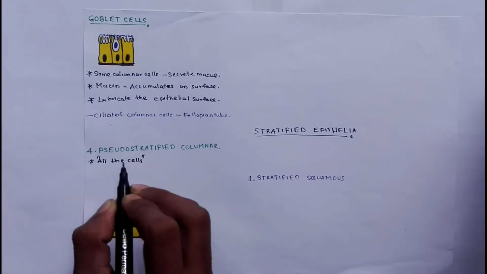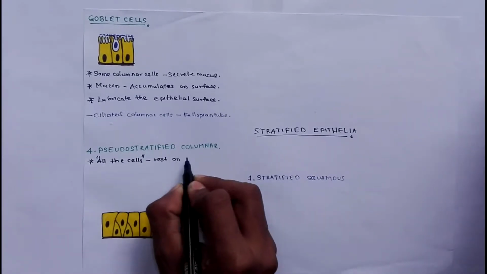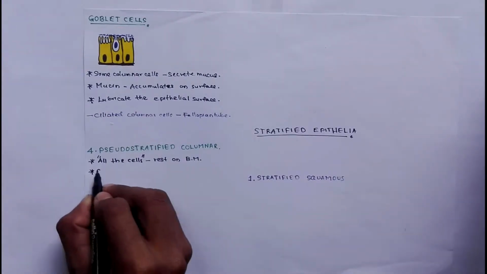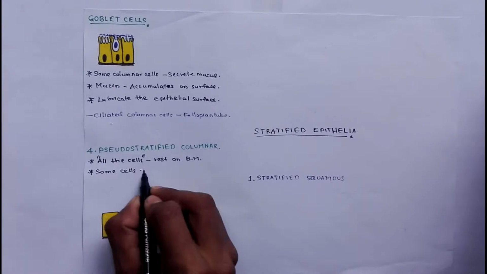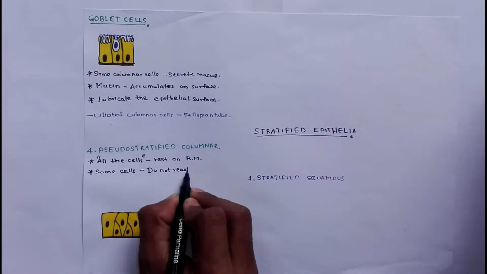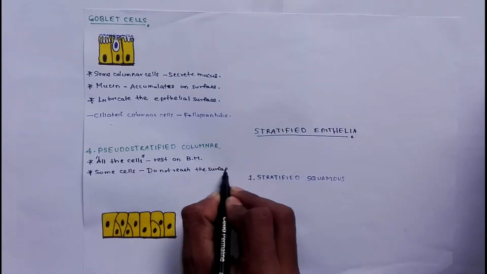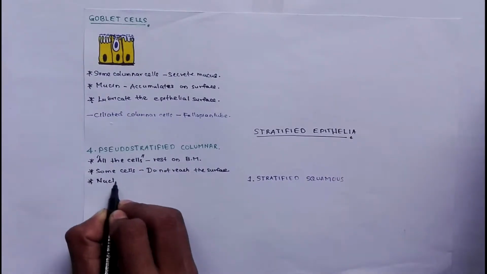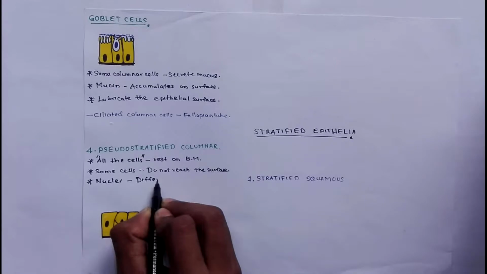The next one is slightly different from the others, the pseudostratified columnar epithelium. Remember that all the cells rest on the basement membrane. Some cells do not reach the epithelial surface, and the nuclei lie at different levels.